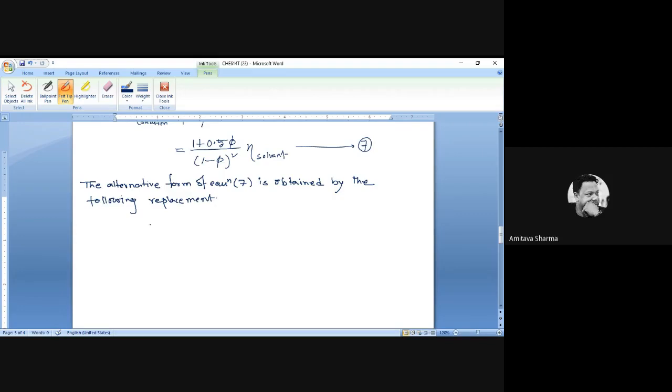I am going to replace the one series solution as 1 plus phi plus phi square plus dot dot dot. It's an infinite series.